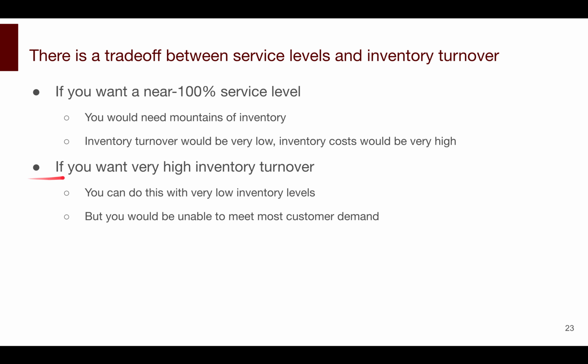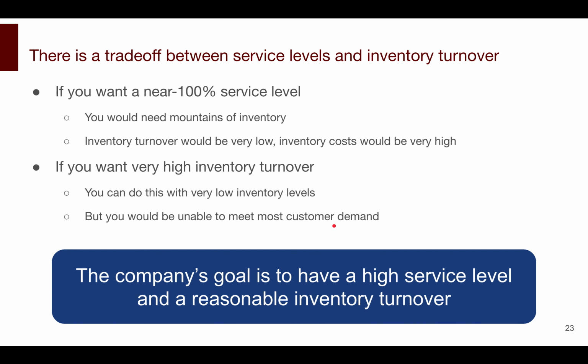On the other hand, if you want very high inventory turnover, one way to do this is to have very, very low inventory levels. But if you do this, you would have a lot of unmet customer demand. So the company's goal is basically to have a high service level while maintaining a reasonable inventory turnover.